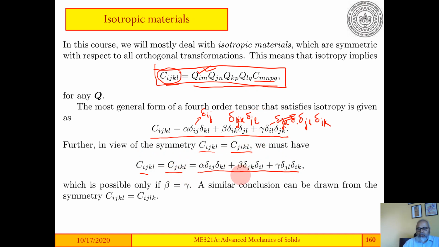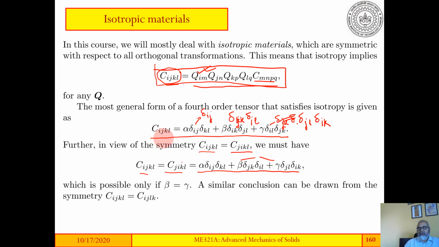which leads to the conclusion that beta and gamma are the same. So you can reach that conclusion by switching kl also. kl equal to lk, you can use that and you will come to the same conclusion that beta and gamma have to be the same if we need to have the minor symmetries of Cijkl, which means that there are only two undetermined constants now in Cijkl.